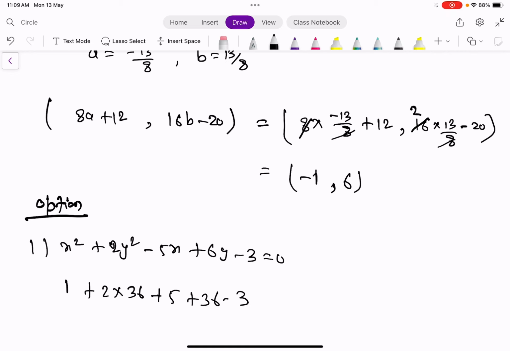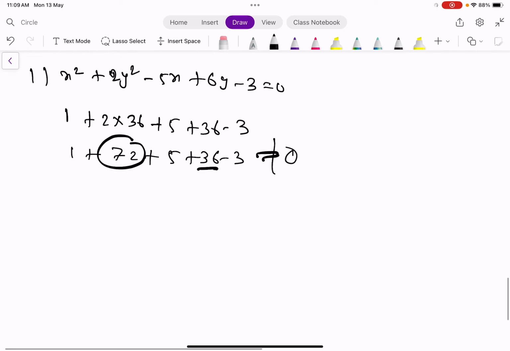See, are you getting 0 or not? This will be 1 plus 72 plus 5 plus 36 minus 3. This is not going to be 0 because this number is too big. So 36 plus 5 is 41, and so on, and again this value is not going to be 0. So the first option cannot be correct.